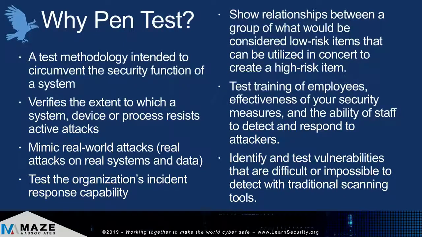And if somebody manages to piggyback their way, and I say someone as in the pen tester, through a secured area because somebody held the door open for them, and they just sat down, opened a laptop, plugged into the network and started doing stuff, that's a pen test in and of itself, but it's also validating the training of your employees, right? Because the training of your employees should be, you shouldn't hold doors open, even if you know the person, right?